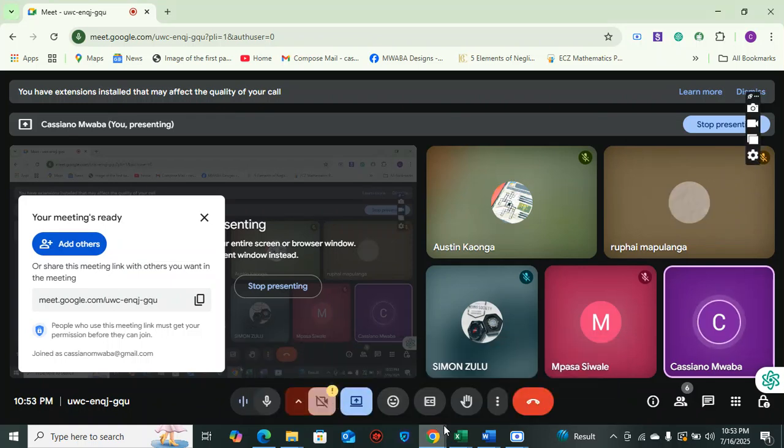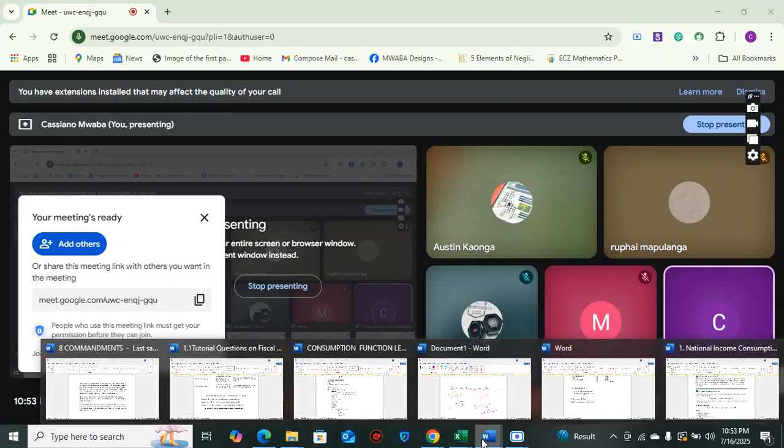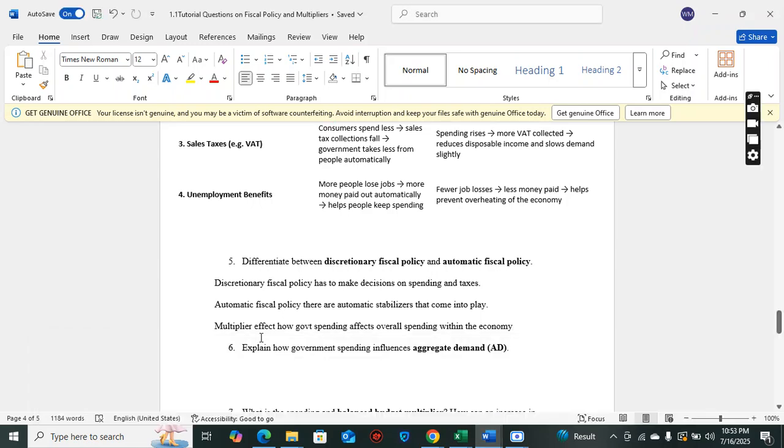Yes, any questions, colleagues? That's the multiplier effect. How government spending affects overall spending within the economy.